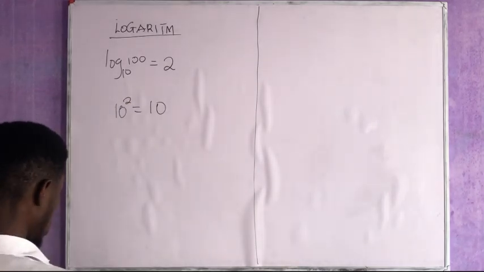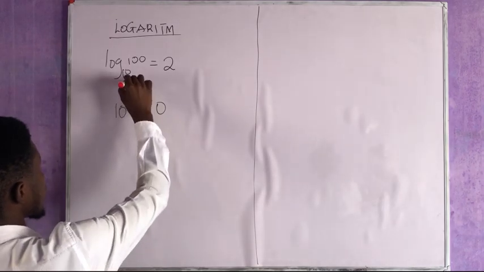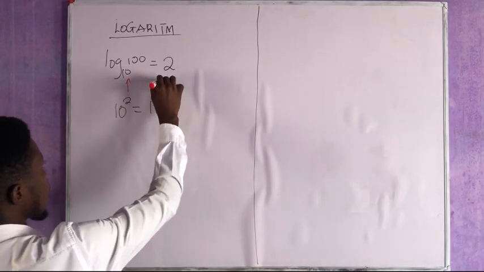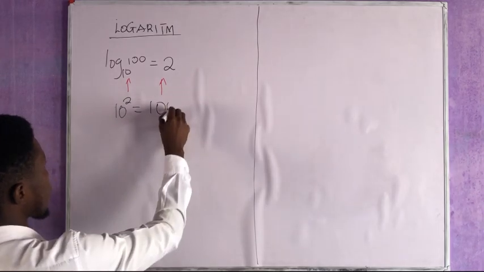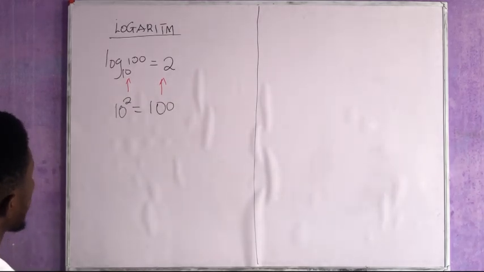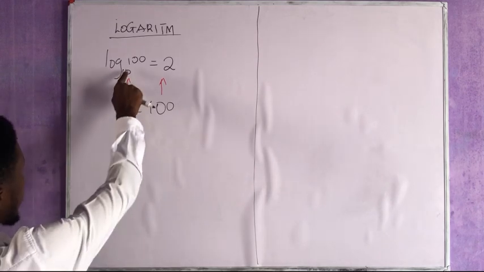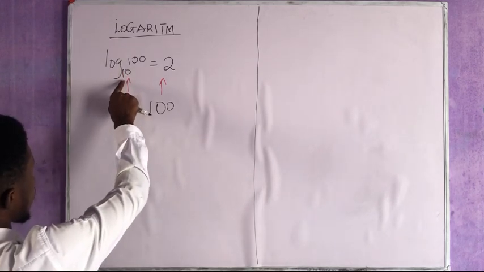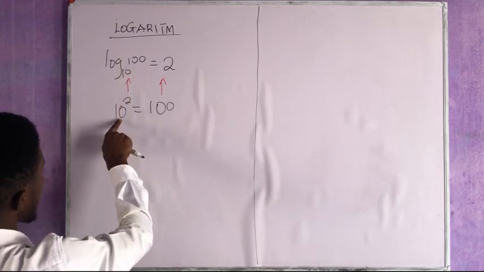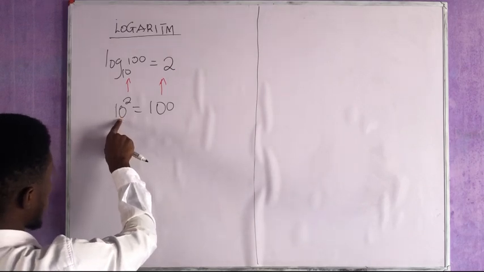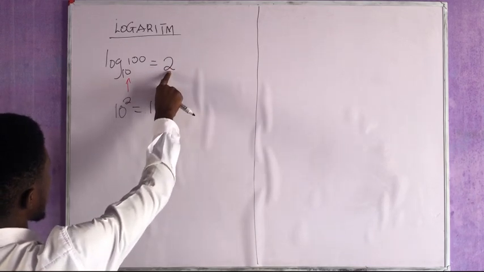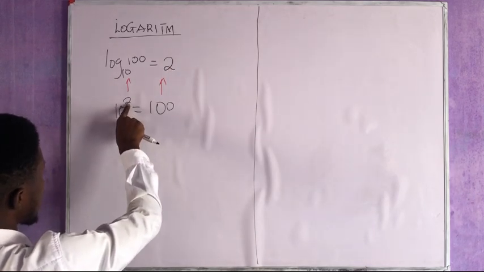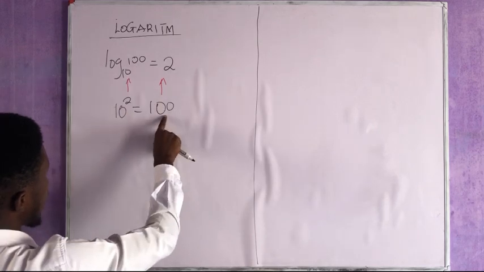So relating these two together, you realize that the base of the log, which is 10, is the same as the base of the index or the exponent here, which is 10. The answer of this becomes the power here, and the power here becomes the what?